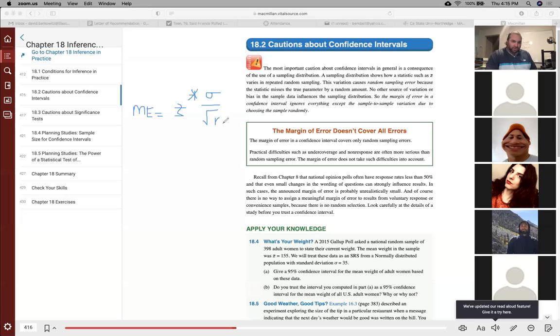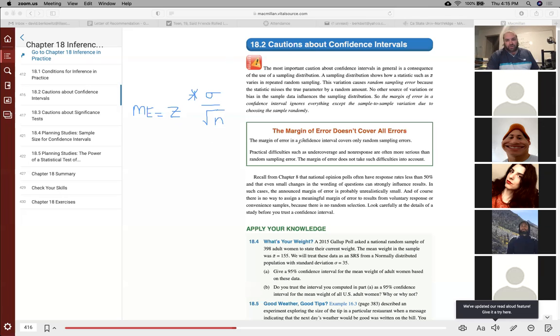Excellent, right? So the margin of error is given by this formula: z star sigma over the square root of n.